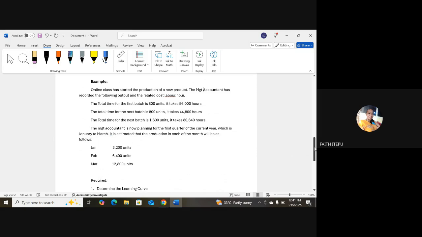Okay. Online class has started the production of a new product. The management accountant has recorded the following outputs and the related cost labor hour. The total time for the first batch is 800 units. It takes 56,000 hours. The total time for the next batch is 800 units. It takes 44,800 hours.